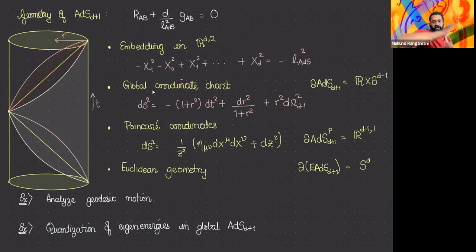So if you cut through the cylinder along a null sheet in the future and past, meeting at this i0 point, then that gives you the domain of the boundary of the Poincare patch. These are the Poincare horizons.